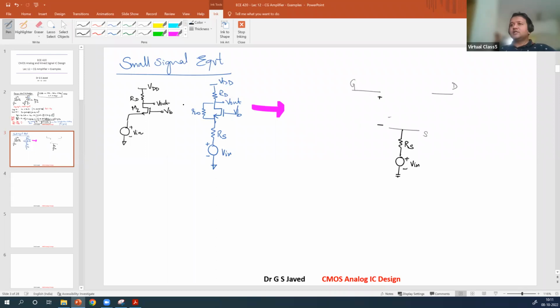Next you consider what is your V1. V1 is VB minus Vn. Then comes your gm VGS, so this is gm1 V1. This is a VGS supply. Then you have ro. After ro, in this case the gmb is not connected to ground, so you will have the gmb factor also.